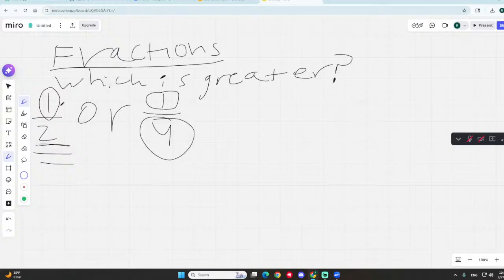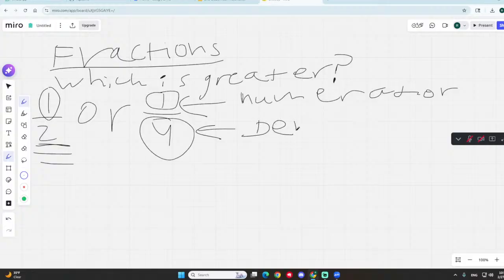The top part of a fraction, 1 in this case, is called the numerator. The bottom part is the denominator. So when the numerator is the same, we look at the denominator.